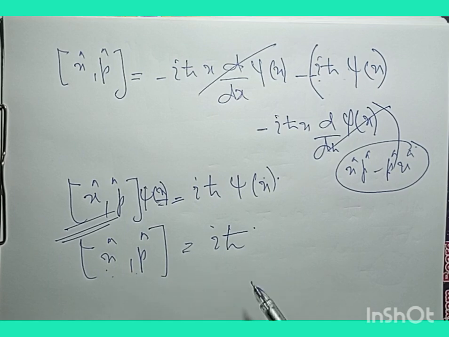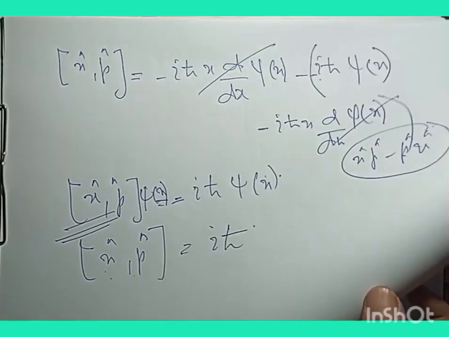And in 3 dimensions, we have the position and the momentum operators and their commutation relations. So we can write down the commutation relation in 3 dimensions.